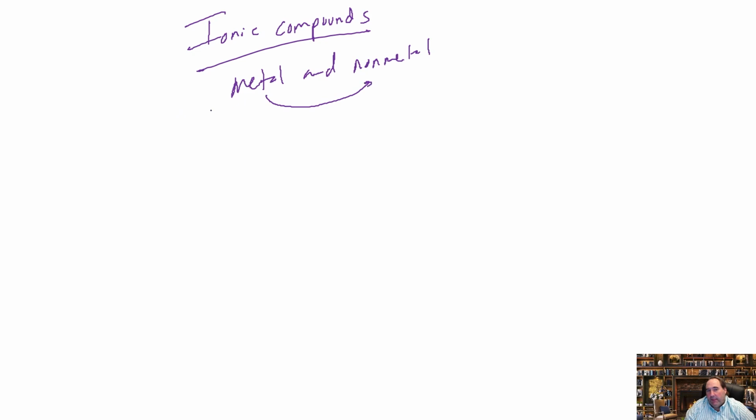And the metal will transfer that electron over to the non-metal, and that will create a cation, which is positively charged, and an anion, which is negatively charged. And as we talked about, there's no sharing of electrons here. It's that electrostatic attraction that's holding these things together. The positive negative attraction.